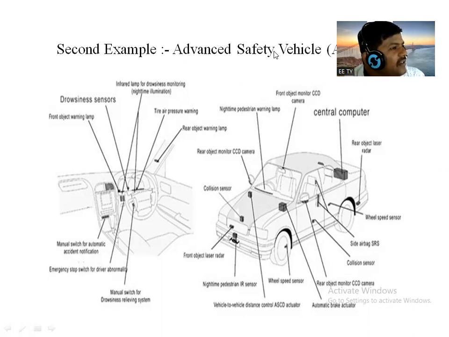Even though the driver is running that car at 100 km/h, the speed automatically goes decreasing, right? It depends upon that. Suppose the distance between two vehicles, again there is a front object detector radar type of sensor.